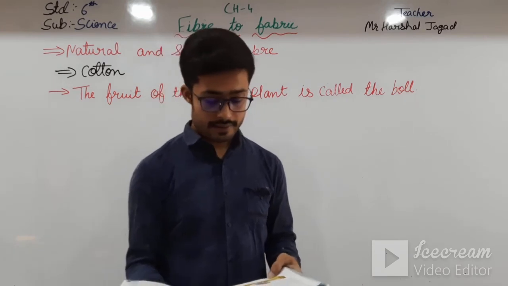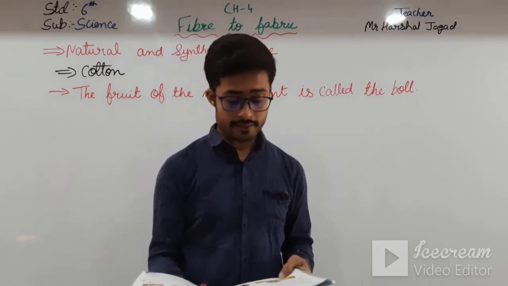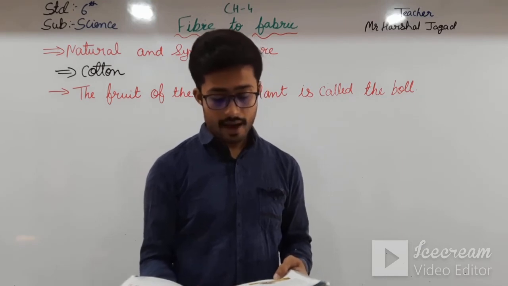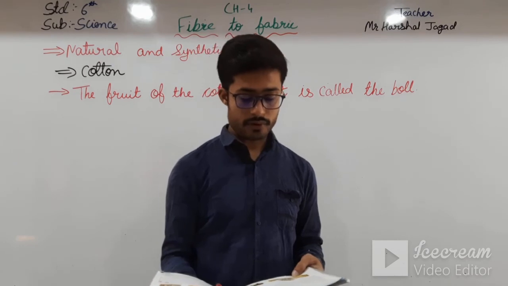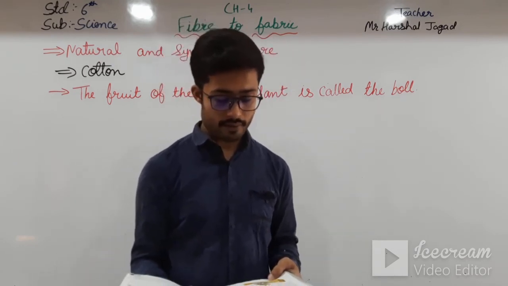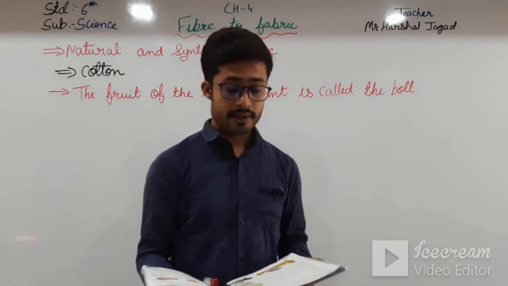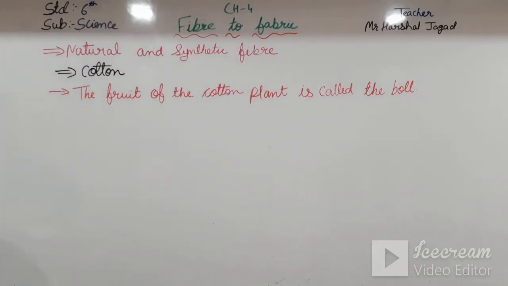Okay, students, see here it is given that the clean fibers are then spun using machines to produce cotton yarns. The process of making yarn from fibers is called spinning. See here, I am writing, this is also important.